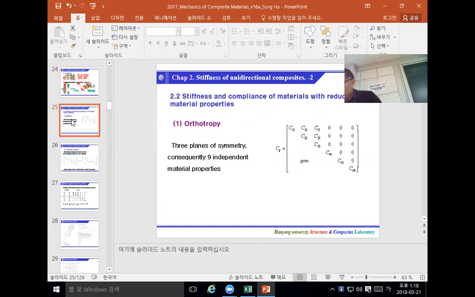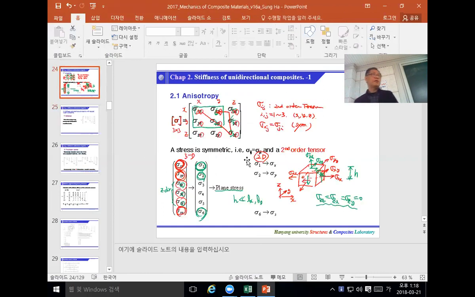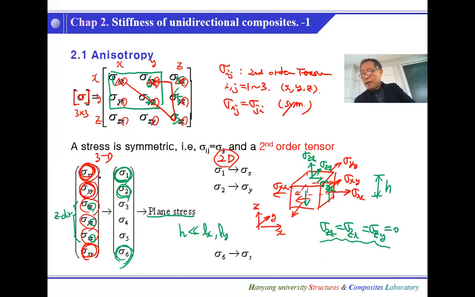Well, the same story goes for the strain. Strain should also be 3 by 3, and all the XY components are exactly the same as sigma XY, and the order of this notation is the same, and so on.